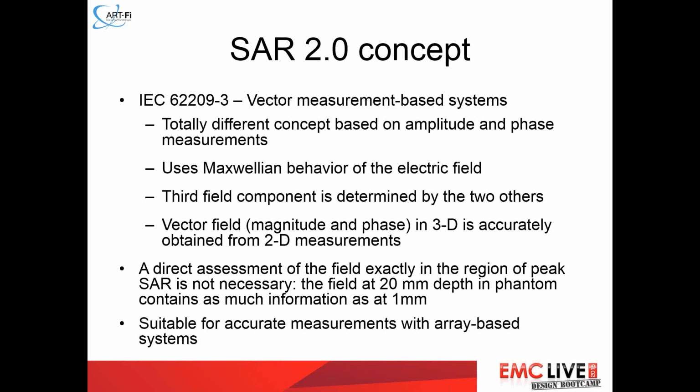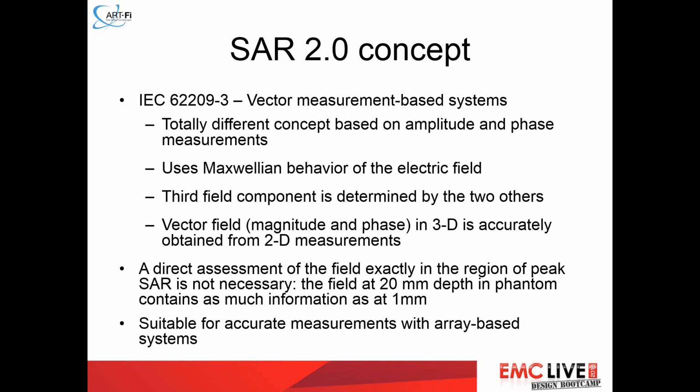It's a totally different concept, and it really uses the Maxwell equations to reconstruct the field inside the volume of the mannequins. It's not like classical systems where you assume no relationship between the points you measure. The physics actually say that there is a relationship between the different points, and this is taken into account in 62209-3.